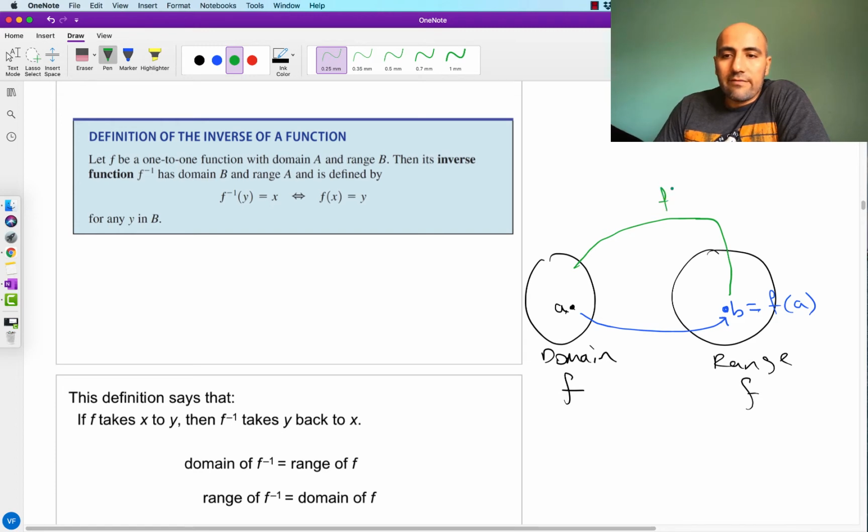So this is f inverse, and this is f. So these functions will undo each other, right? So what happens if you plug in b? Well, it should take you right back into this a, right? Because they undo each other.